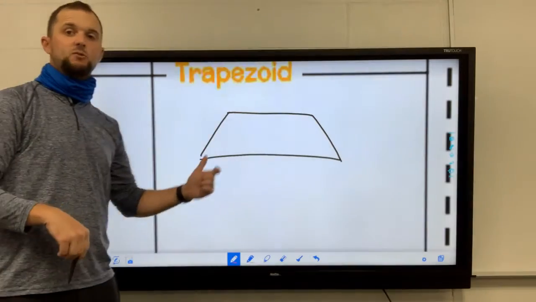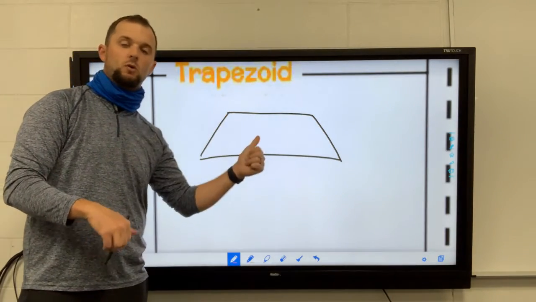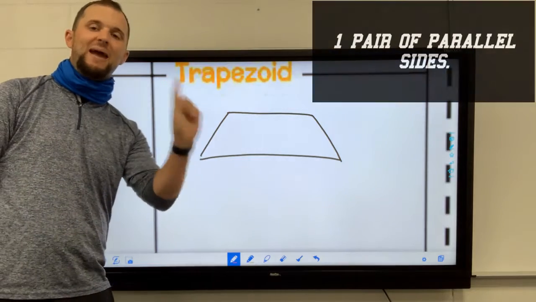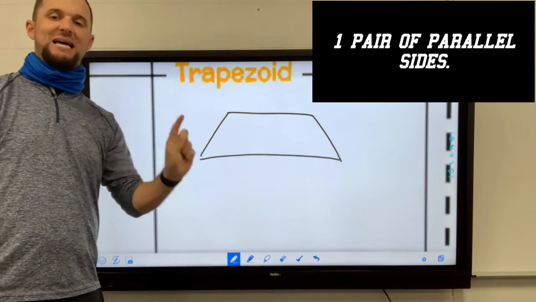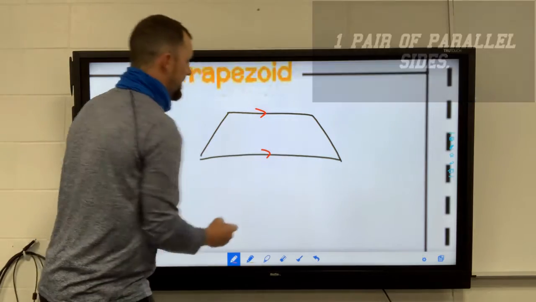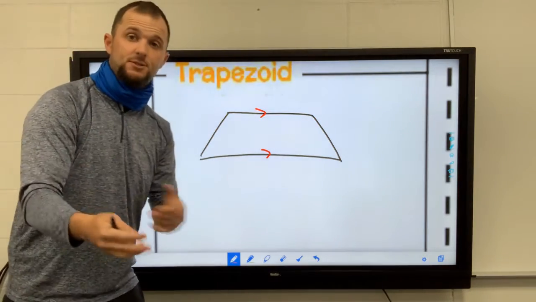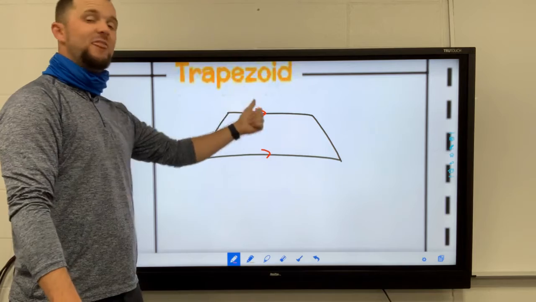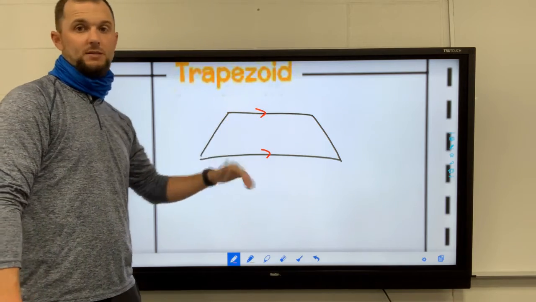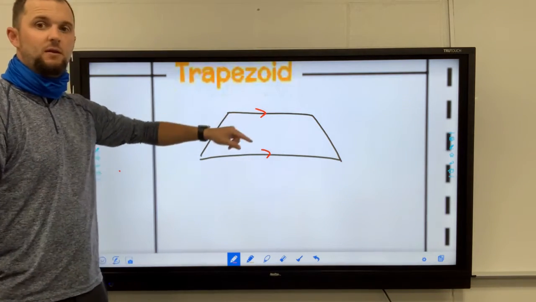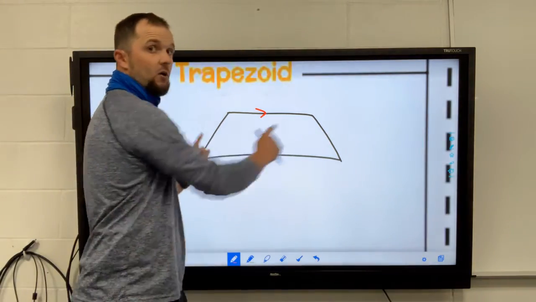All right, in this instance, a trapezoid is clarified as having one pair of opposite sides that are parallel. So if this top line and this bottom line, not congruent, are parallel, one pair of opposite sides are parallel, this makes a trapezoid. This is basically the definition of a trapezoid, where these two lines are parallel, but these two lines over here are not.